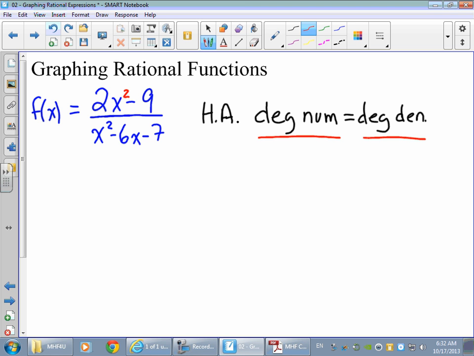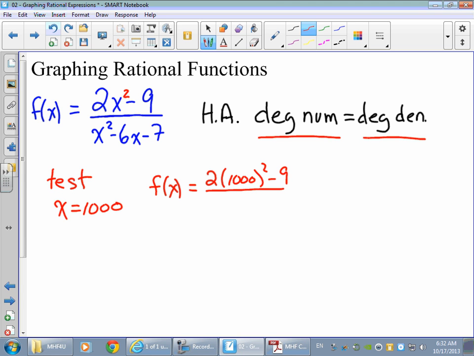So if we take the argument we made last time, and I've got a little bit more room to do it here. If I test a value in my expression, and I'll pick a nice easy one like 1,000, what I'm going to get for f of x is 2 times 1,000 squared minus 9 over 1,000 squared minus 6 times 1,000.